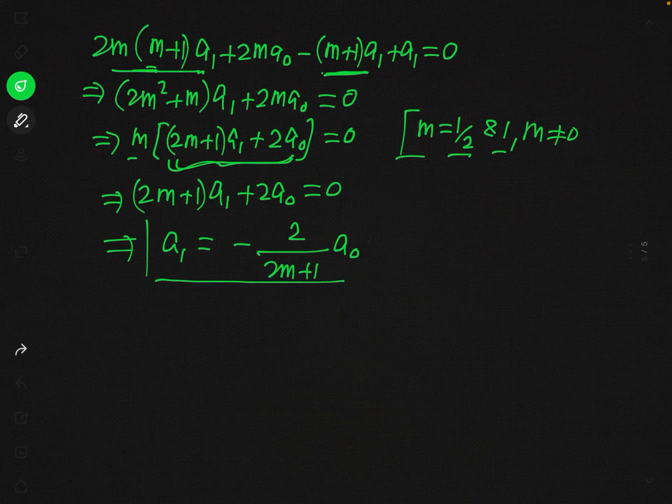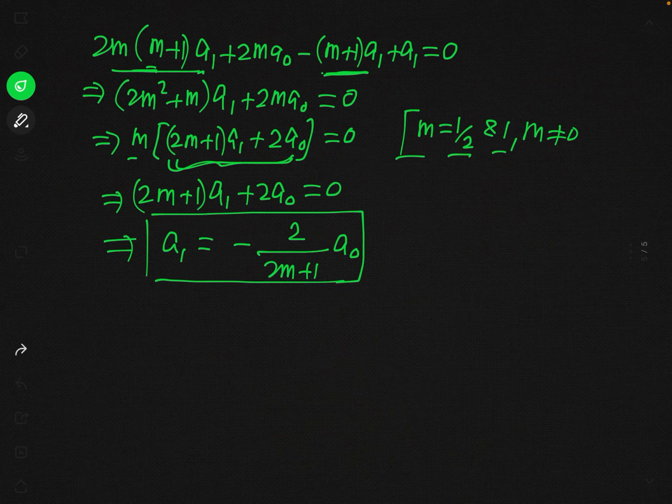So actually a1 has been obtained in terms of what? In terms of a naught. I have told you earlier in the general instruction that we will obtain the values of a1, a2, a3 and so on in terms of a naught. So the first coefficient a1 has been obtained here in terms of a naught.